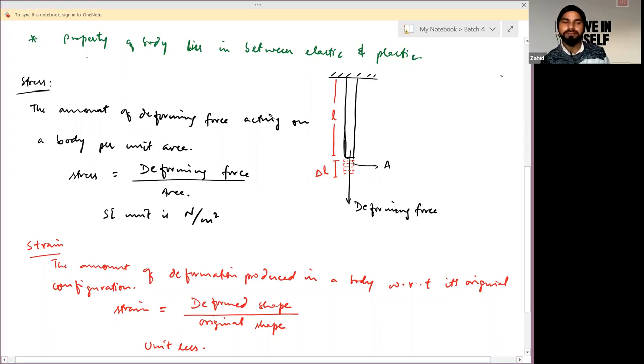Yes, sir. Okay, just write it down to this part.